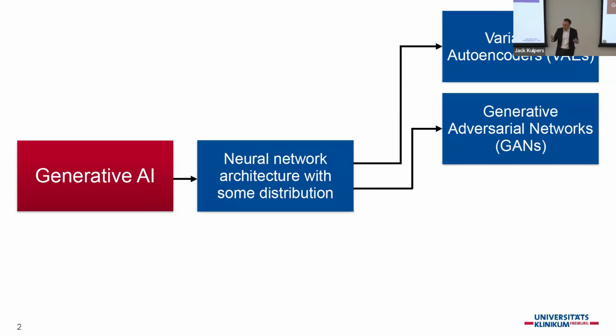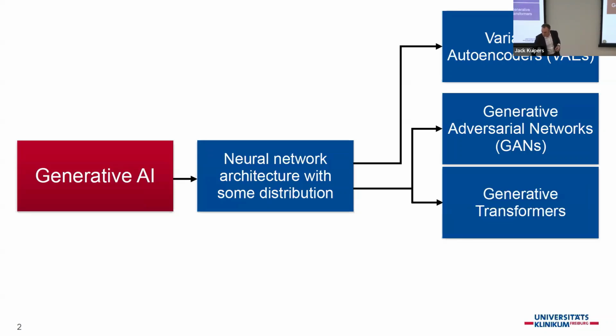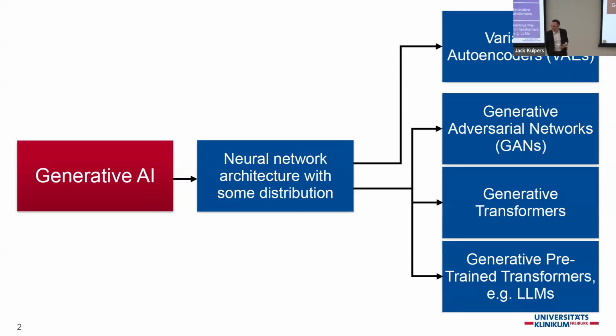You don't have the parameters in it, but in the end you can sample from a distribution. And now the new kid on the block are transformer architectures, and in particular generative transformer architectures have become very popular under the label of generative pre-trained transformers. This is what gave GPT its name, so it's very prominent now in large language models.